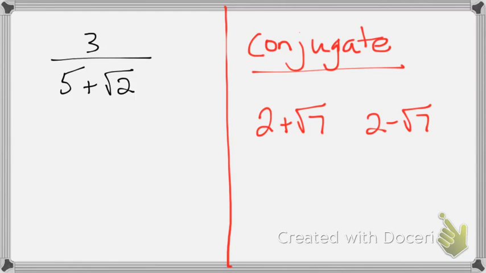Okay? If we multiply these two terms together, we get a rational number. Remember, a rational number is a number like 4, 7, 8, 9, 10, 11, 12, whatever. Okay?